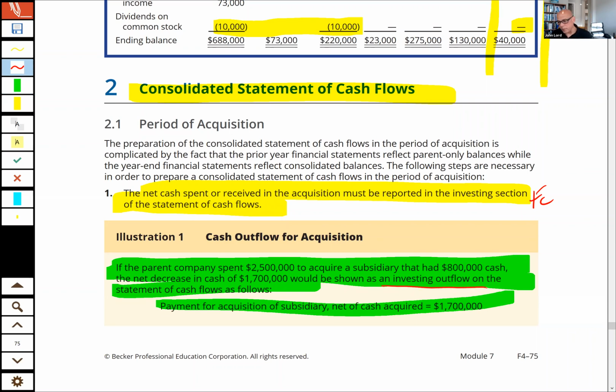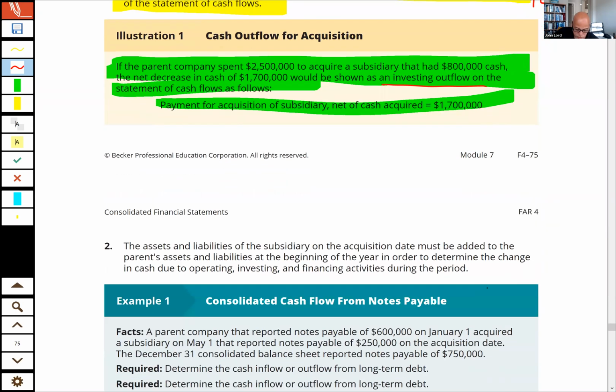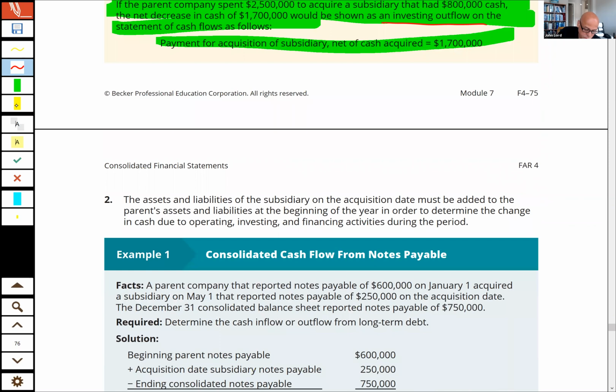So you acquire a company, you pay $2,500,000, but the company had $800,000 in the corporate bank accounts. That's a net amount of cash spent on the acquisition of 1.7 in that example. Okay, all right, good.